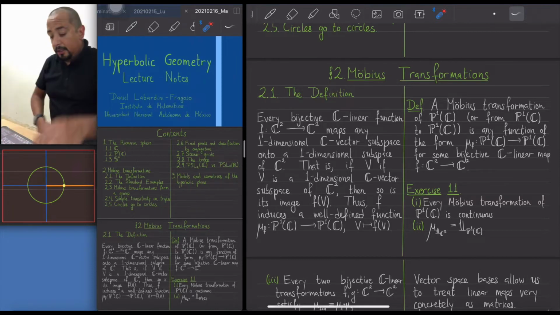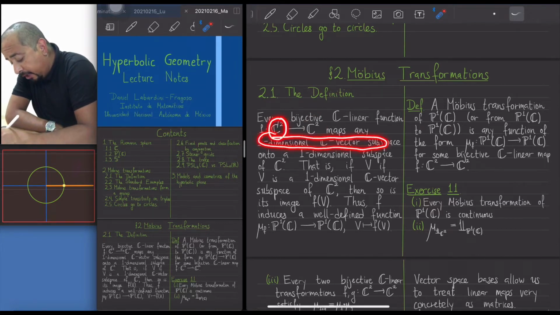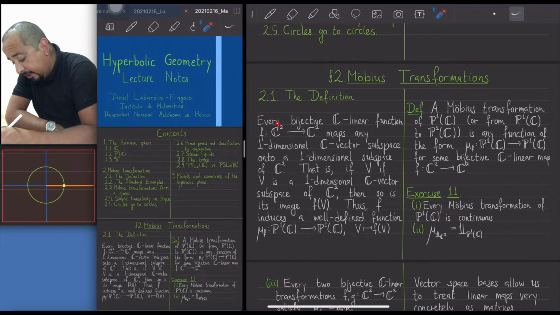So in particular, if I take a bijective C linear map from C squared to C squared, the image of any one-dimensional C vector subspace of C squared is again a one-dimensional C vector subspace of C squared. And this means that our bijective C linear map F induces a well-defined function from P1C to itself.